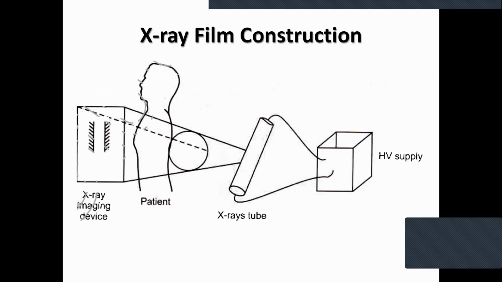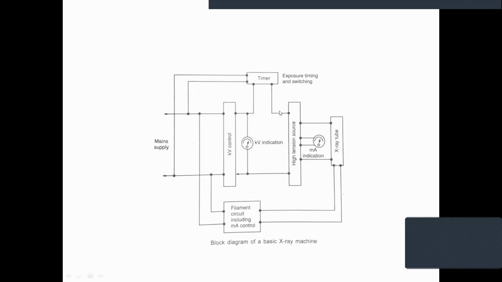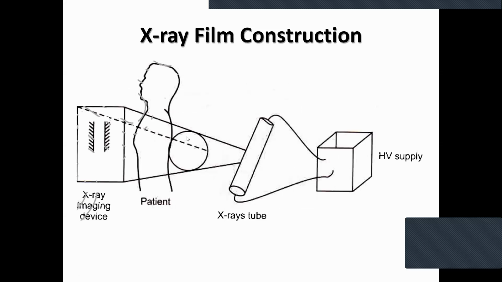So X-ray film construction. This is the X-ray film interaction with the body. Film construction and instrumentation. Bones, metallic parts, and air-filled cavities have different densities from the surrounding tissues.